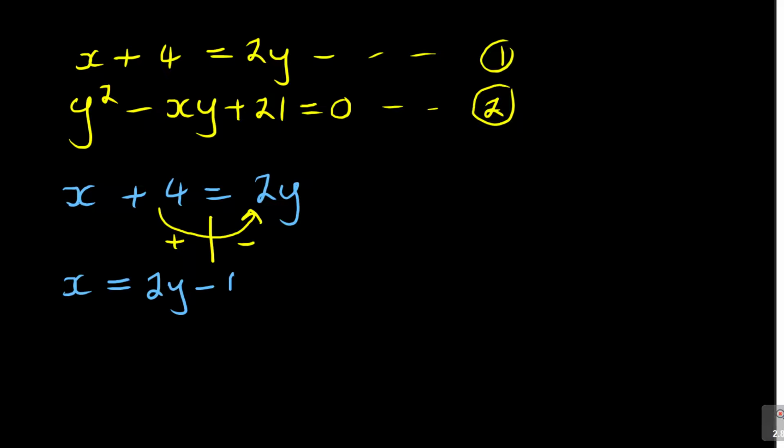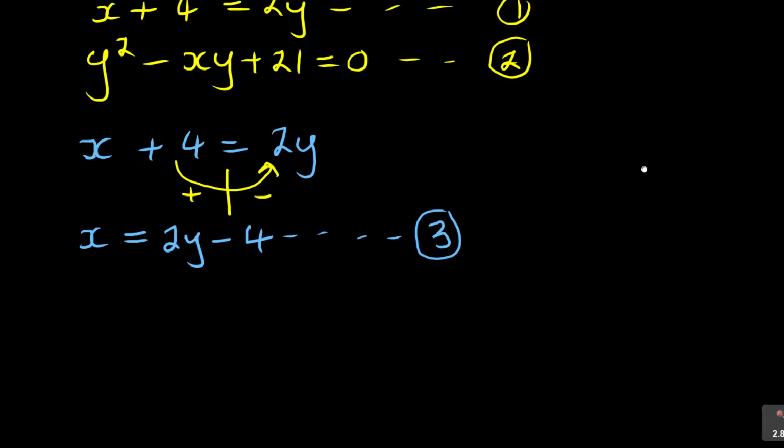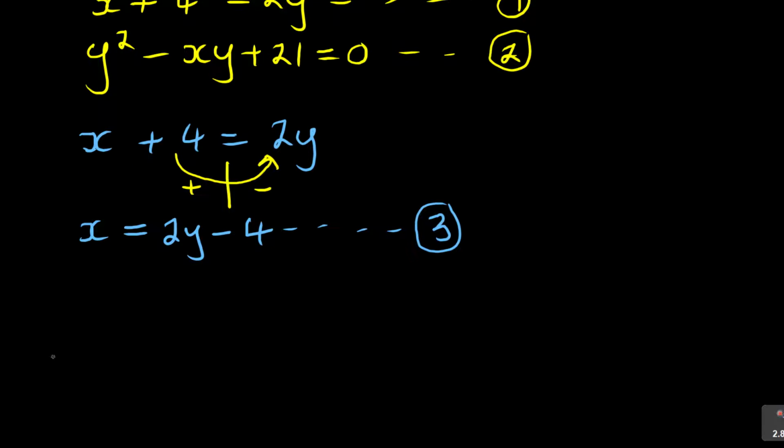Then this becomes equation 3. This simultaneous equation is about mistakes. Then when you are done with equation 3, bring down equation what? Equation 2, which is y squared minus xy plus 21 is equal to 0. This is still our equation 2. But what do you do then?